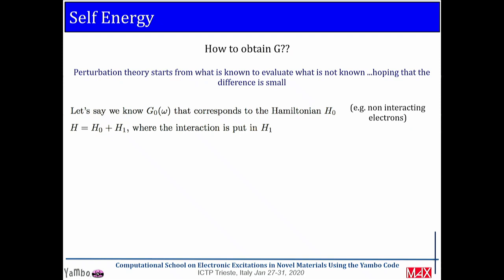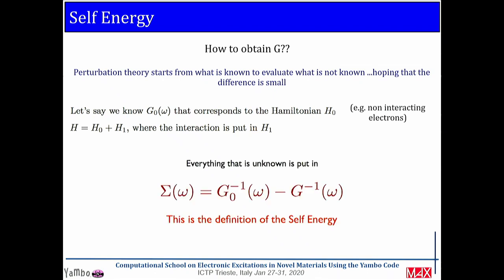So let's say we know a G naught, usually from a non-interacting Hamiltonian H naught, which is our starting point, as you saw yesterday in class. G naught is usually the Green function of a density functional theory calculation. We add the interaction, and this is the definition of the self-energy. Everything that is unknown about the interacting system is put in sigma, the self-energy.